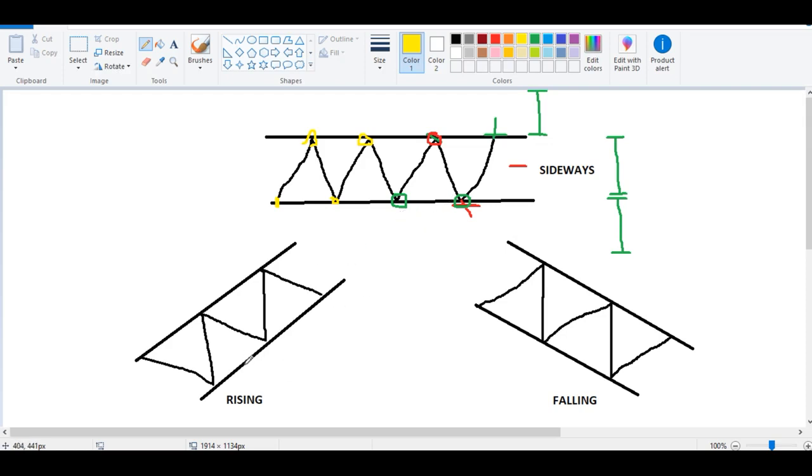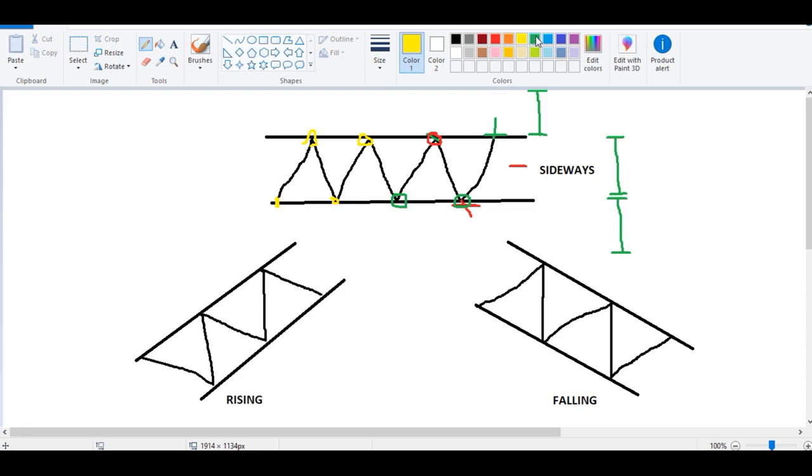Now let's come to the rising channel. In a rising channel, what we have is higher highs, where price is in a nice uptrend with higher highs and higher lows, as simple as that.